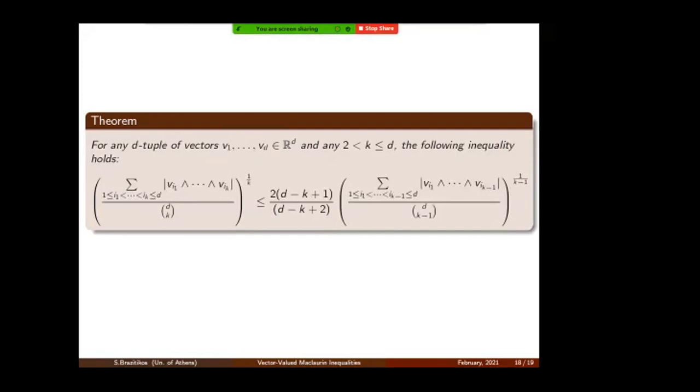And also there is a question for us: for any other value of p, we don't know anything. I mean, we don't know any connection of these means with something geometric, like in the case p equals 1. It would be interesting to find one.